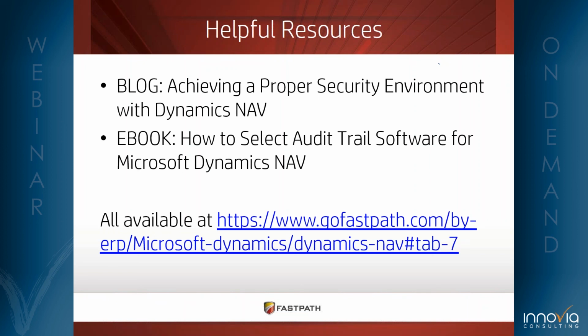One of the things that you want to look at is tracking changes to the system. There's a blog out there called Achieving a Proper Security Environment with Dynamics NAV. We also have an ebook called How to Select Audit Trail Software for Dynamics NAV. Those can be found at the link on the bottom of this slide.